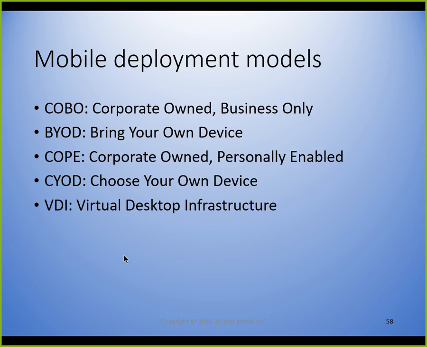The issue here becomes how much security we can have. If I use my own device on the network, the network administrators can't dictate what kind of security I have to have on my device. They can say you can't get on our network, but they can't dictate what goes on there.